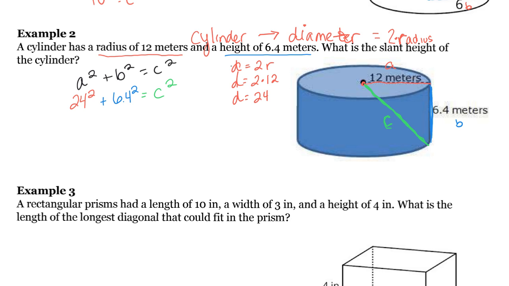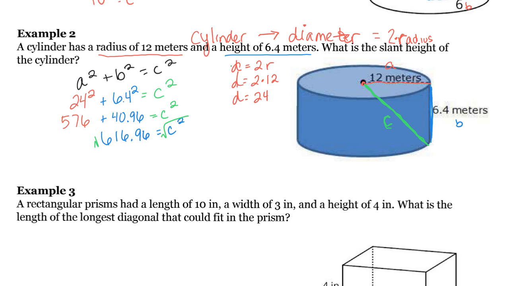So what is 24 squared? What is 24 times 24? It's 576. 6.4 squared, or 6.4 times 6.4, should be 40.96. And we're trying to find that C squared. Okay, so let's add those up. What is 576 plus 40.96? 576 plus 40.96 is 616.96, and we're going to keep that equal to our C squared.